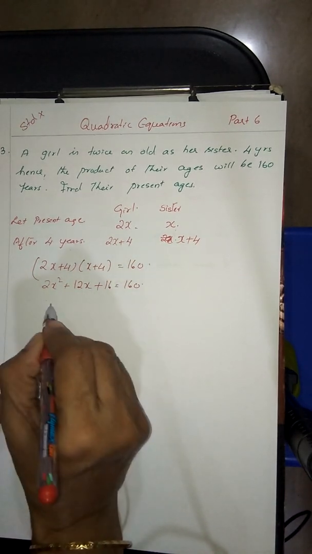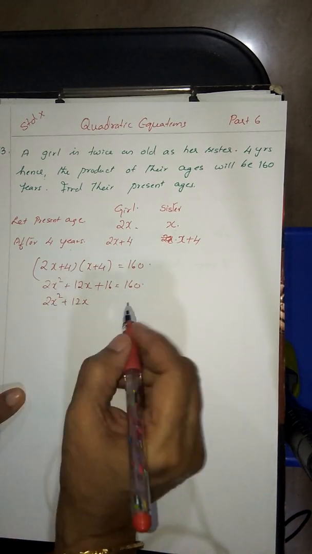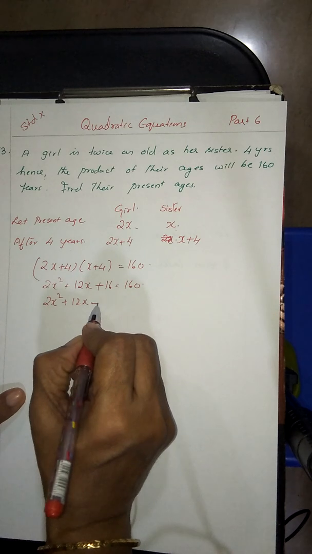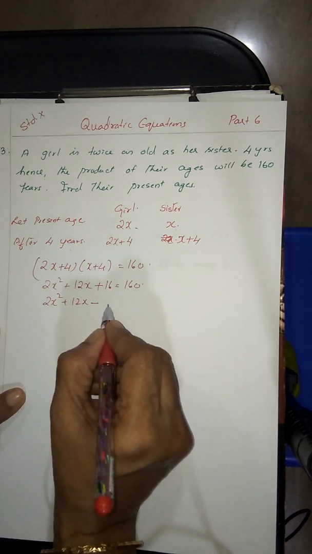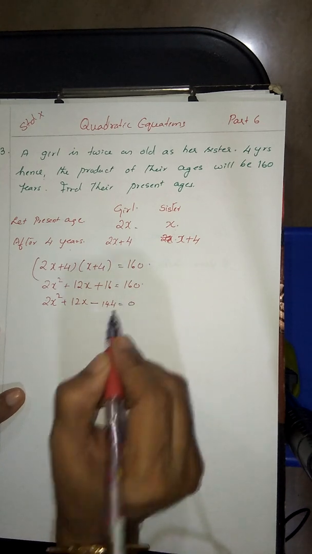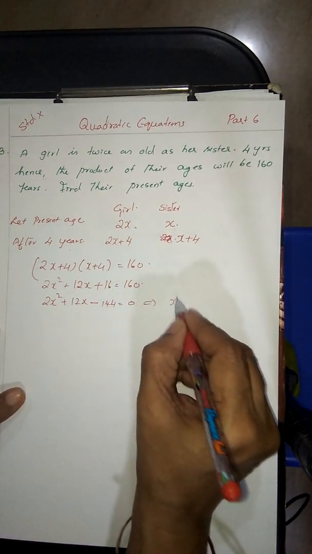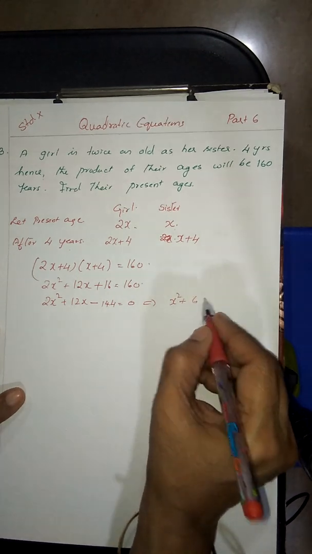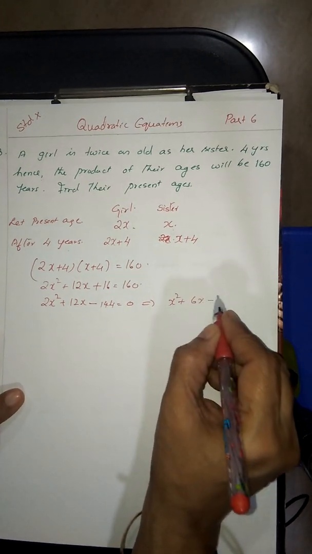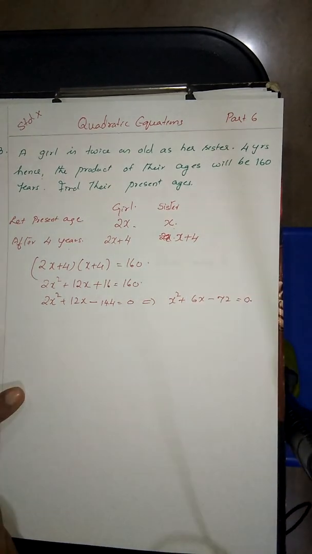So 2x squared plus 12x minus so this is equal to x squared plus 6x minus 72 is equal to 0.